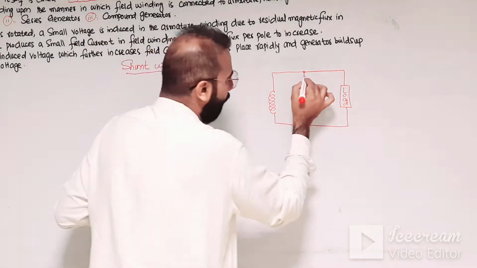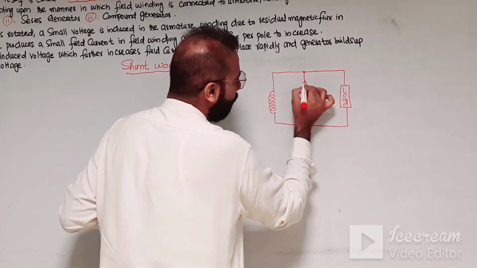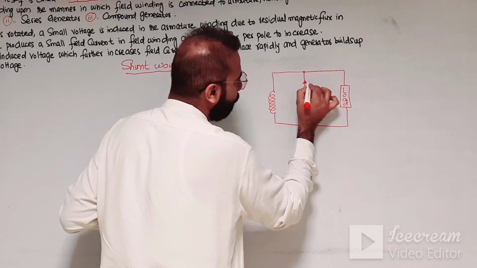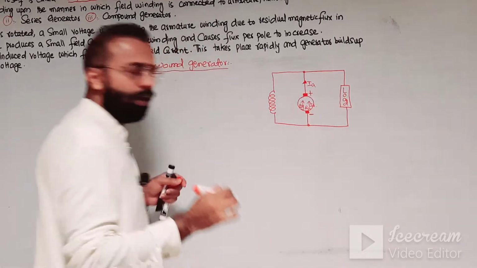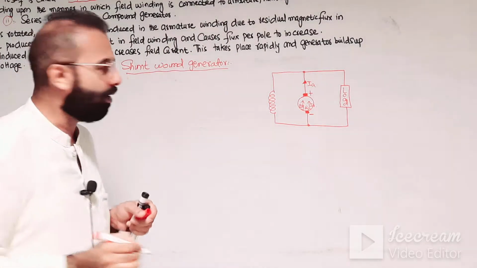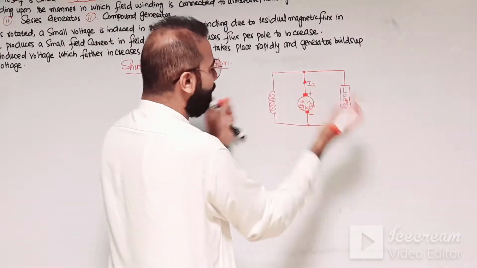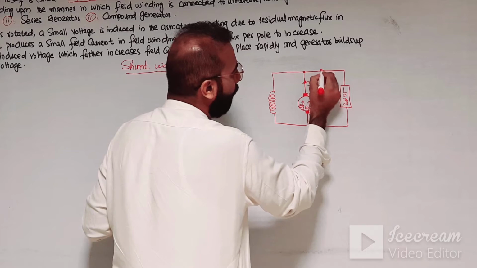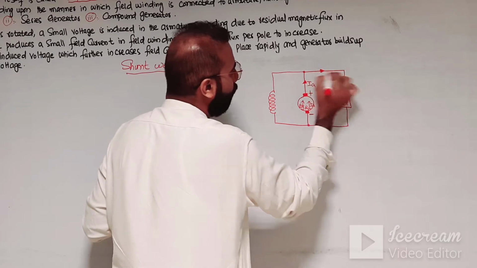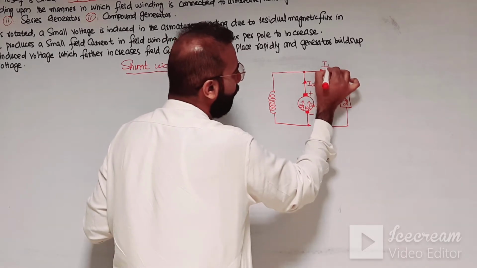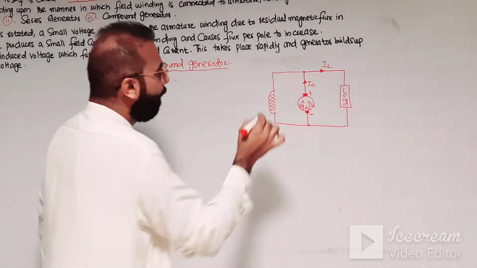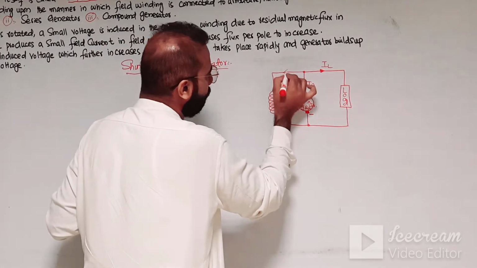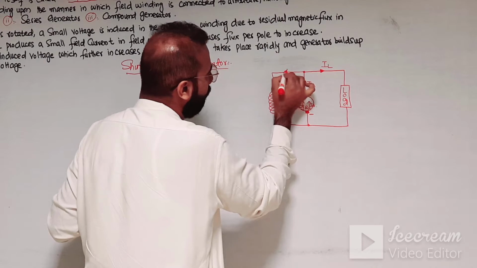Now, the armature produces the armature current in the armature winding of the DC generator, and this current is divided into two parts. The current which is towards the load side is called the load current, IL.